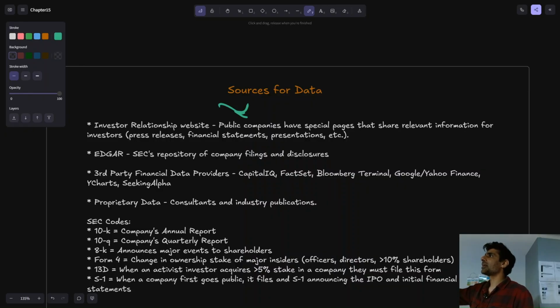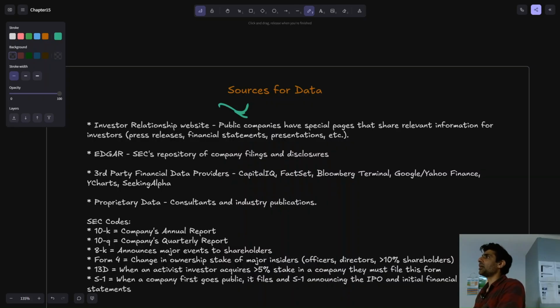It'll be the first link. On that page, you'll see the annual reports, quarterly reports, press releases, and any presentations that the company has put out. Each quarter they also give a conference call where the executives of the business give an open presentation of the quarterly results, and there's Q&A, so you can listen to that.